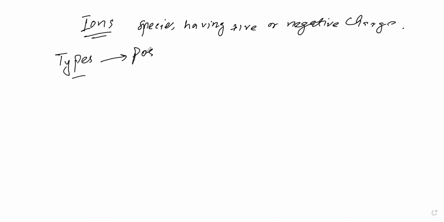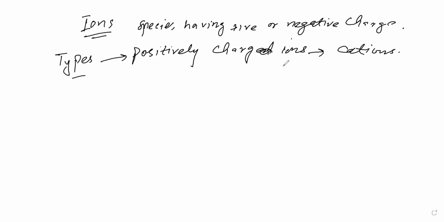Positively charged ions, what we call cations. And next is negatively charged ions, which we call anions.